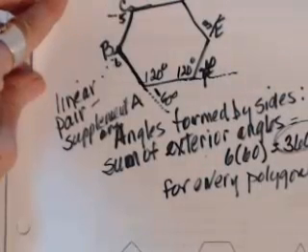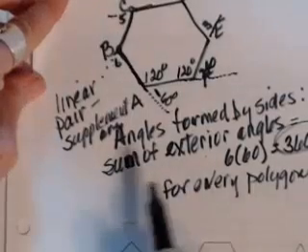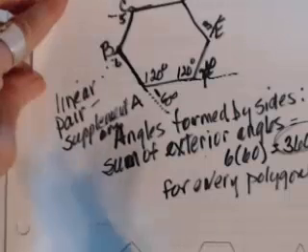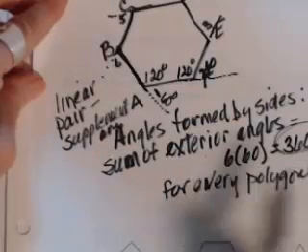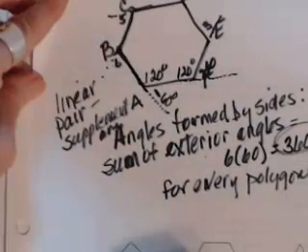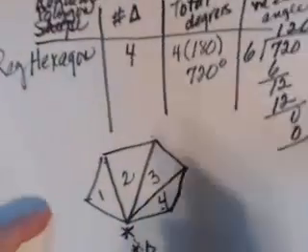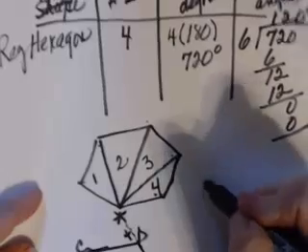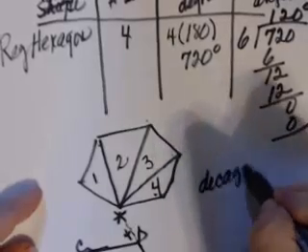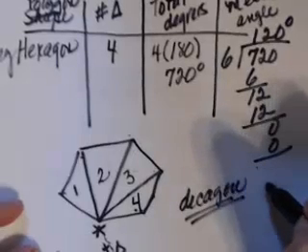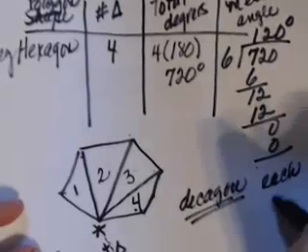So if I gave you a heptagon, the sum of the exterior angles is 360. If I gave you an icosagon, the sum of the exterior angles is 360. So my question to you is, let's say that you have a decagon. What would be the measure of each exterior angle?